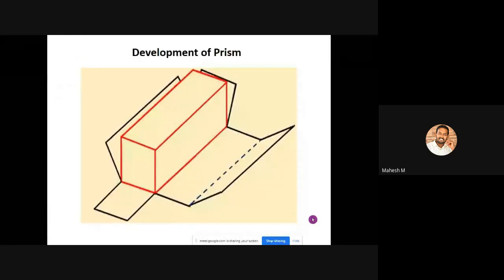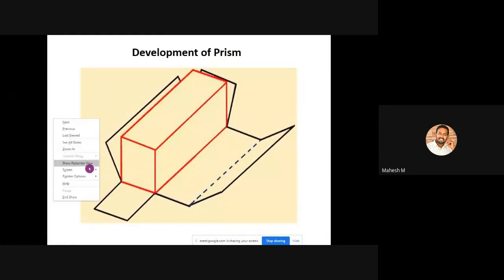So this is what is called development of prism. So particularly this one is a rectangular prism, right? From the component structure itself, you can understand that this one is a rectangular prism. So please look at the red color highlighted component. Okay, so this particular portion is a rectangle and also it is a prism. Okay, so you will have 6 faces, right?